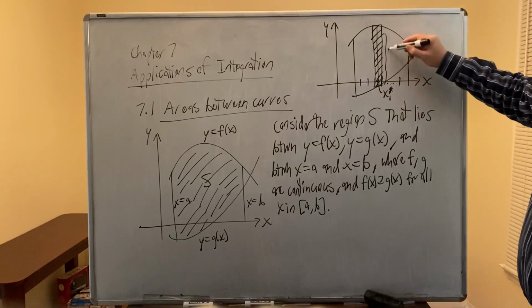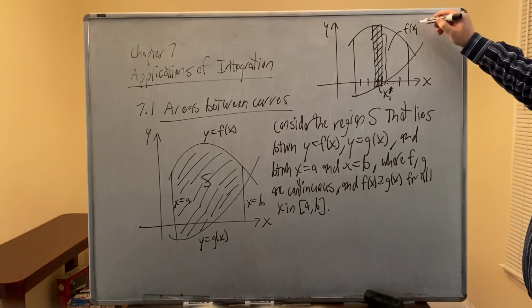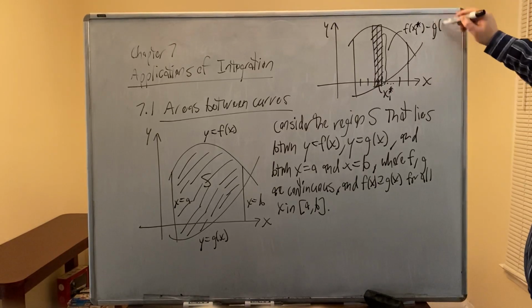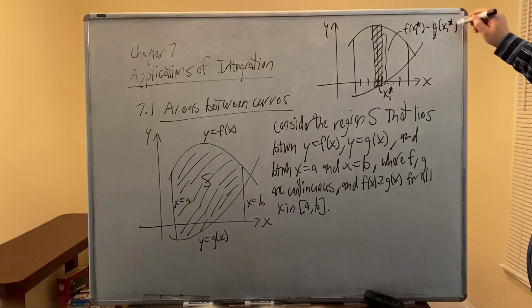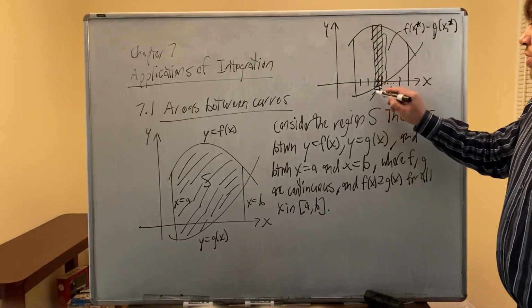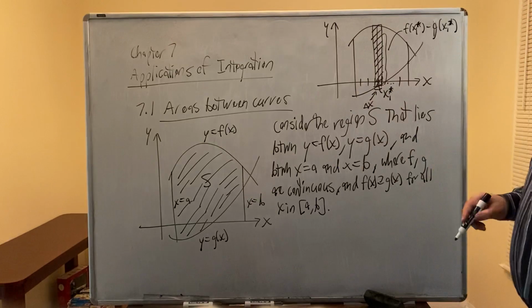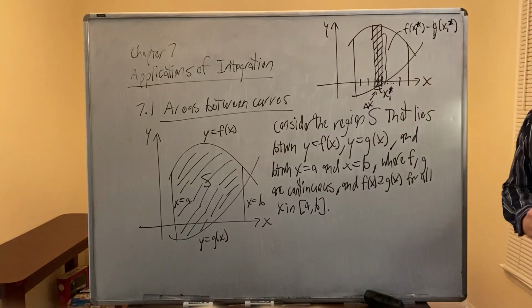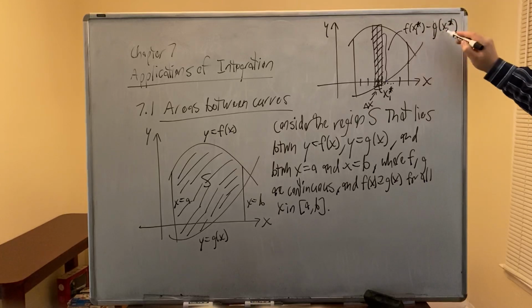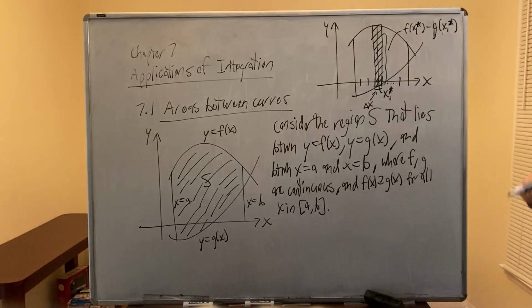So the height of this rectangle is f of x sub i star minus g of x sub i star. Okay, and the width is just delta x. And so the area of that approximating rectangle is f of x sub i star minus g of x sub i star times delta x.